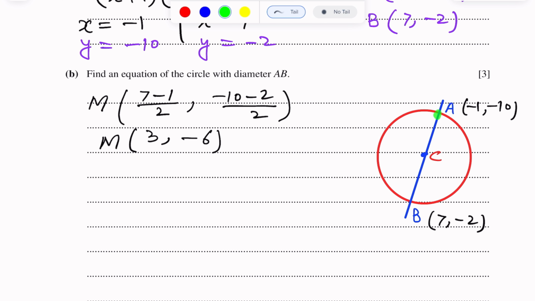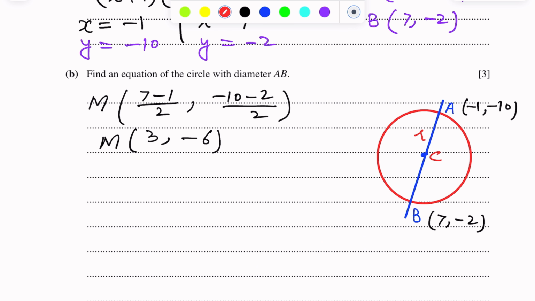By the distance formula we can find AC. Let AC be the radius of the circle, so we write R. The coordinates of the center are (3, −6), and the coordinates of point A are (−1, −10). So we use the distance formula to find the radius.